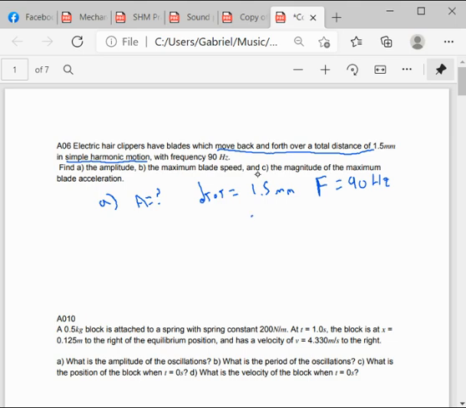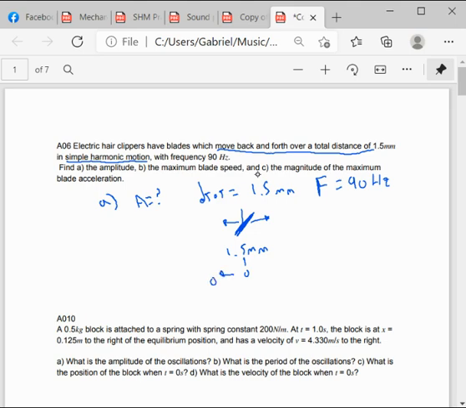So you have these blades, and you can imagine the edge of the blade kind of vibrates, pulses through a total distance of 1.5 millimeters. Which means that if we model this as a simple harmonic oscillator, at the center we'd say it's at position 0, which means on either side it moves half that distance.